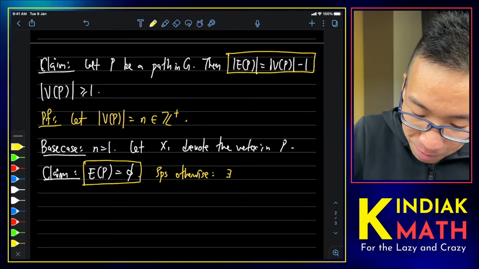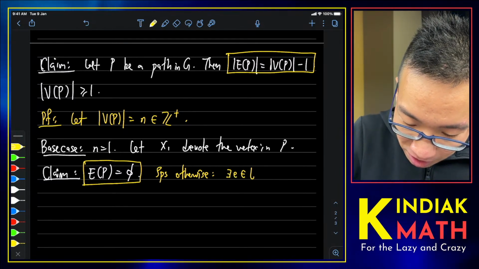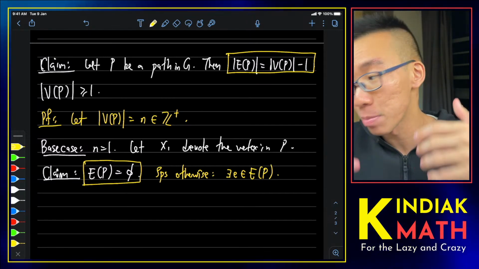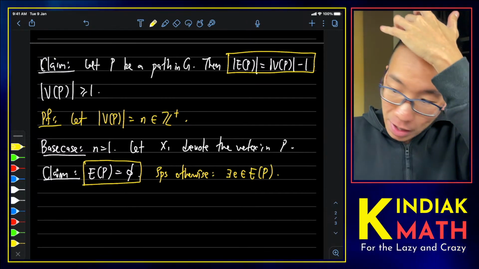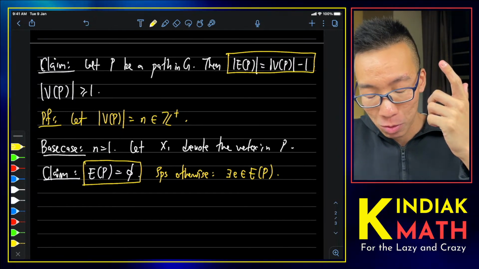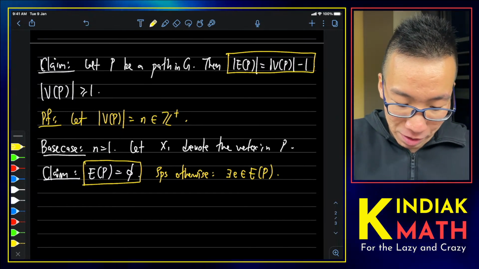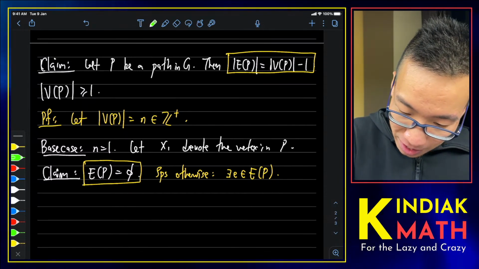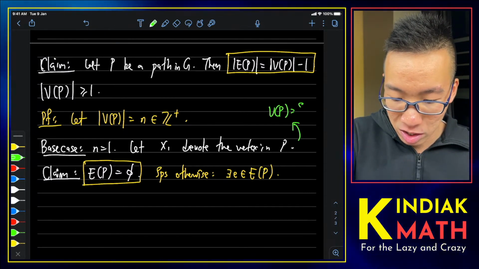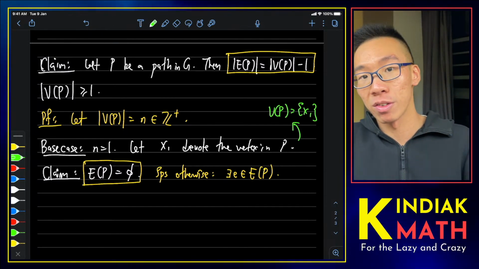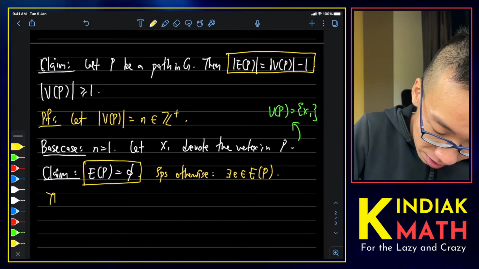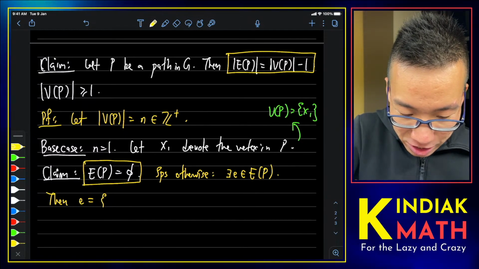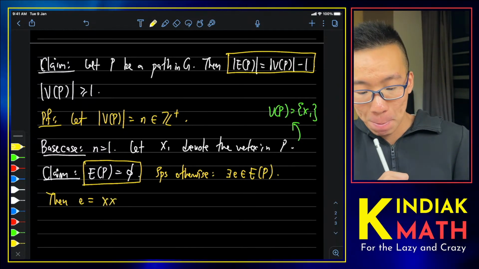that there exists some edge e inside the path. Well, since it's an edge, it has to connect points inside the path. But there's only one point in this path, because if n equals 1, then we only have one vertex. Then e must equal the edge x connected to itself.